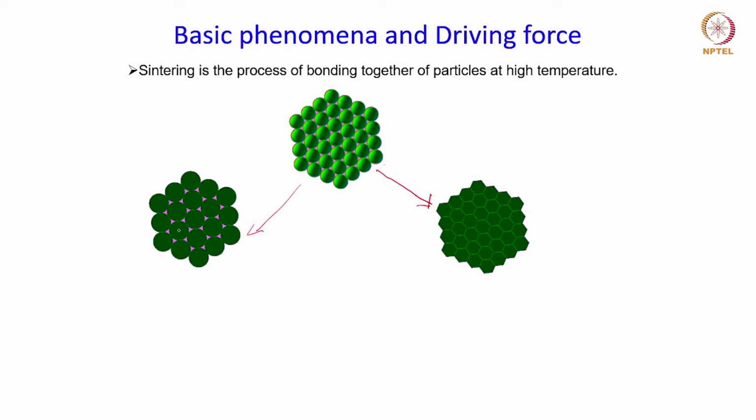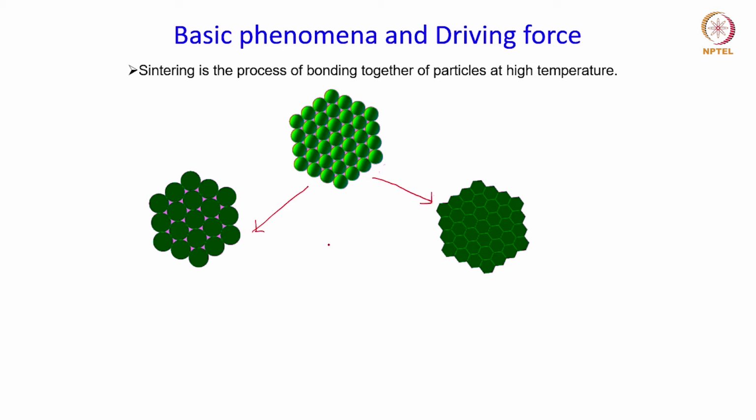Because at high temperature there is a driving force for the growth of the particles as well, as it decreases the total energy of the system, because as grain growth occurs, the number of grains will decrease, and hence the number of interfaces will also decrease, or in other words, the total grain boundary area will decrease as the grain size increases.